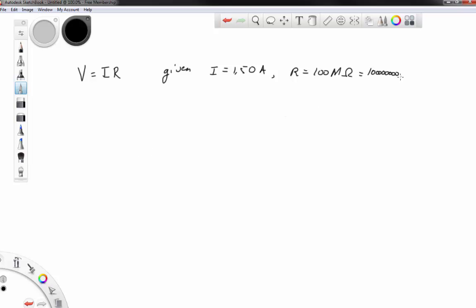So this means that our voltage requirement is going to be 1.50 amps times 100 million ohms.